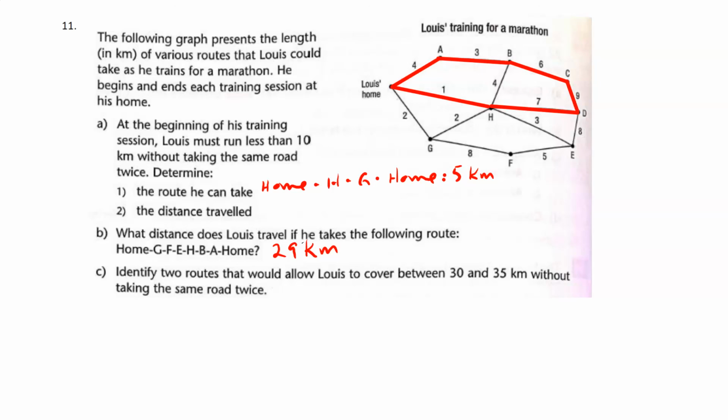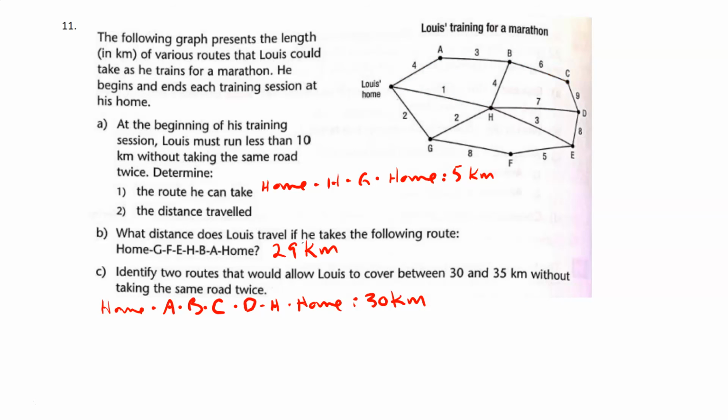So one possible route is home to A, to B, to C, to D, to H, and back home. And it gave us a total distance of 30 kilometers.